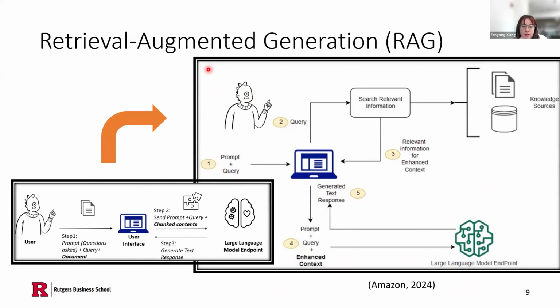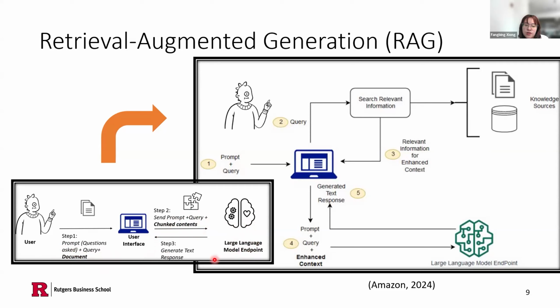And here is a figure. You can see the difference between retrieval-augmented generation and foundation large language models. Here is the foundation large language model. When you provide files and documents to large language models, users upload their prompts, query, and documents to the user interface, and the files will be chunked into small pieces, sent together with the prompt and query to the large language model endpoint.